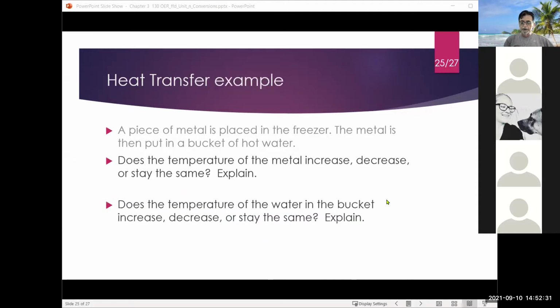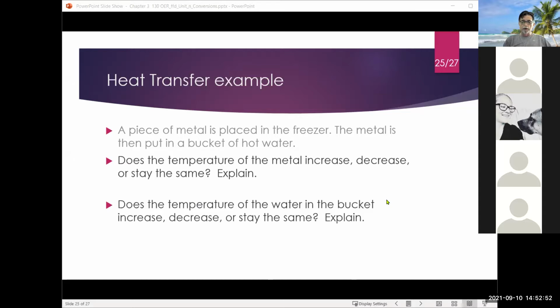In this example here, you got a piece of metal that's placed in a freezer and you put it into a hot bucket of water. The question is, does the temperature of the metal increase, decrease, or stay the same? What do you think would be the answer?